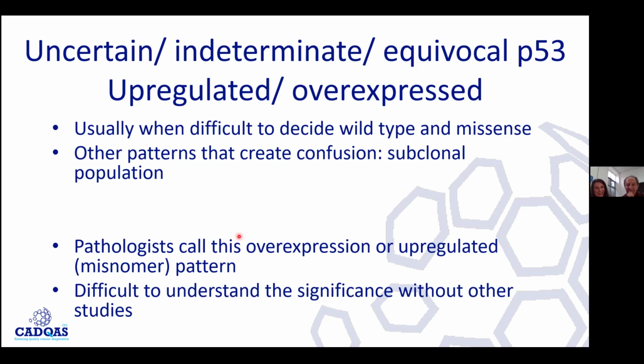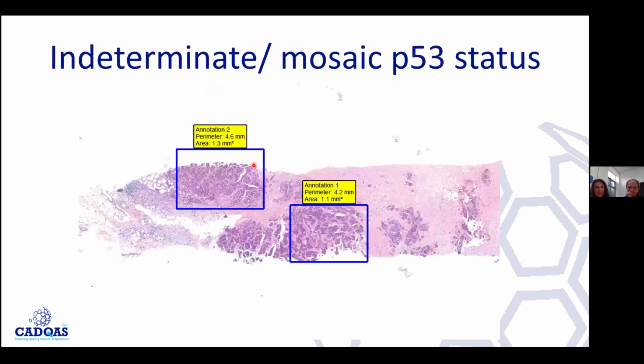We need help. And then I just put this with the possible subclonal population, because this is actually an ovarian cancer that has metastasized to the axilla, which is not very uncommon. We're going to focus on these two annotations that show different populations.